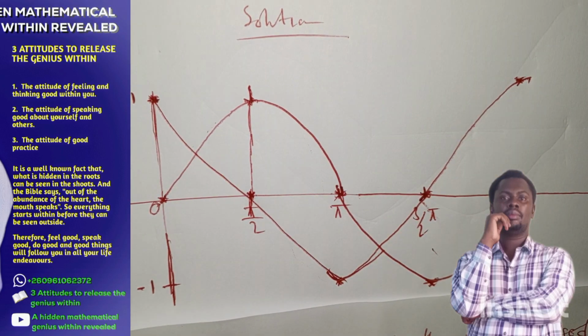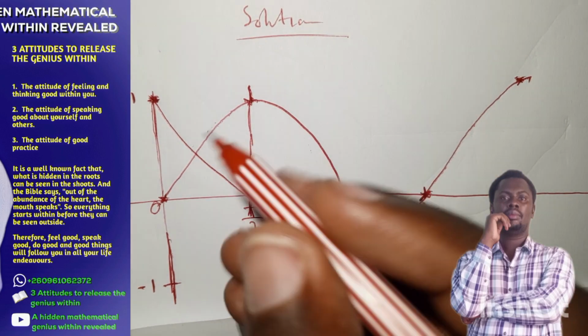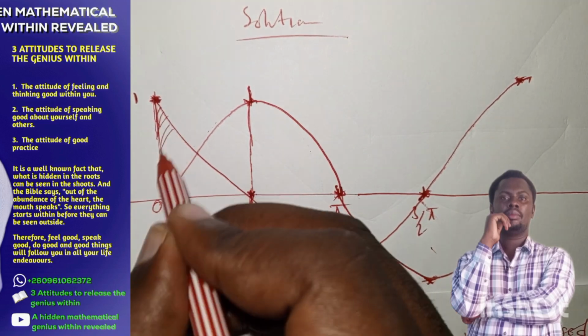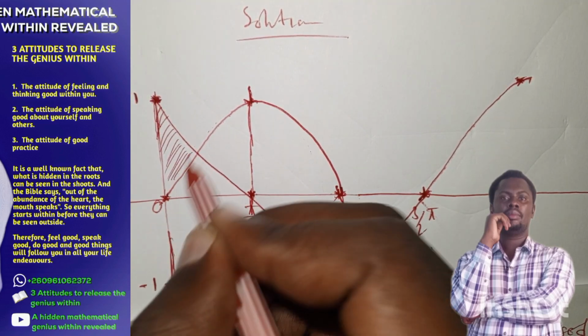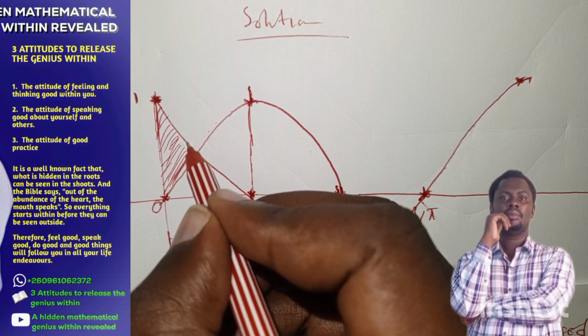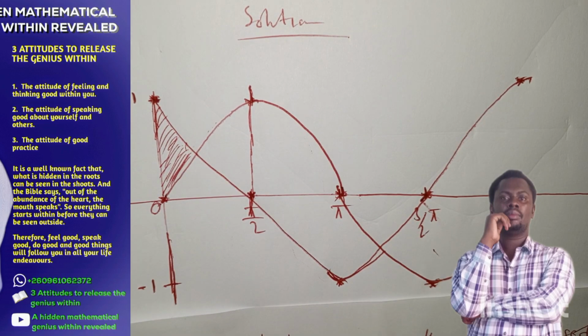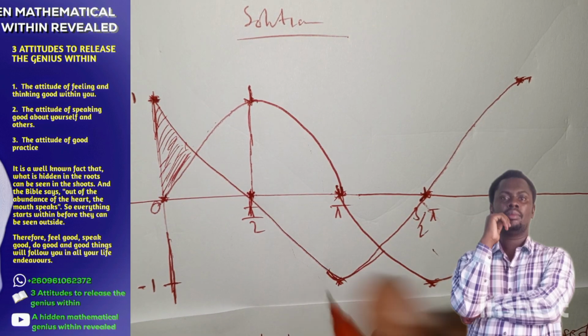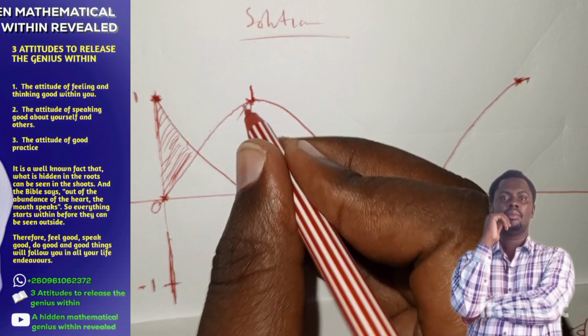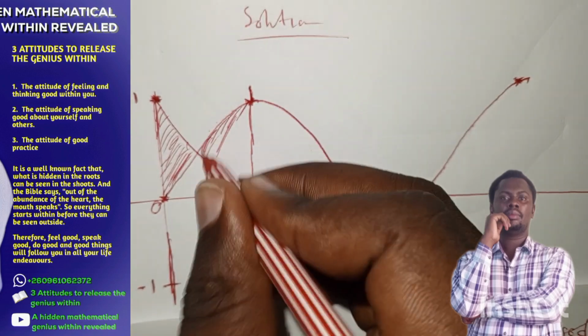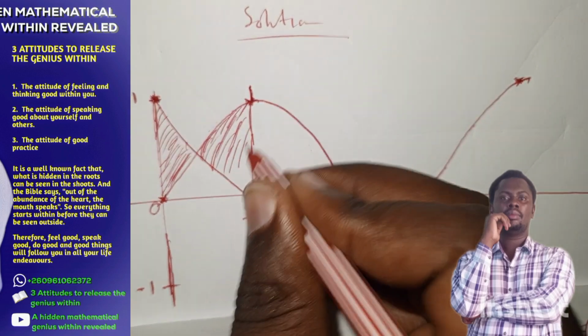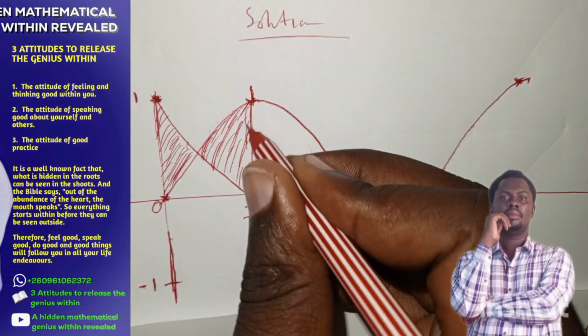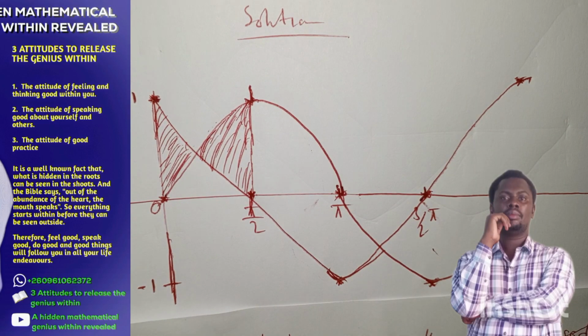So our region will be this one, bounded by the two functions and also this line. This is the area which we need to calculate.